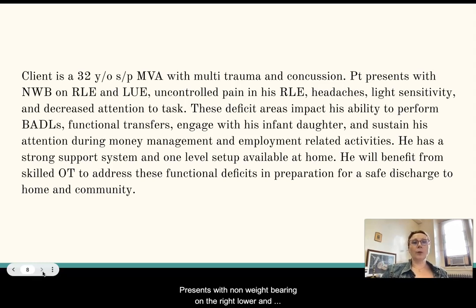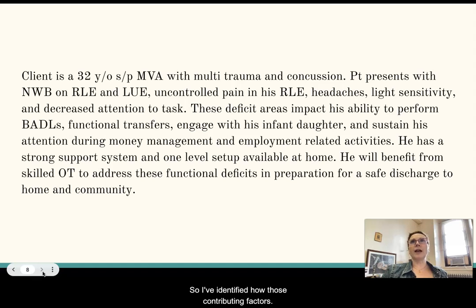Presents with non-weight bearing on the right lower and left upper extremity, uncontrolled pain in his right lower extremity, headaches, light sensitivity, and decreased attention to tasks. So I've outlined what the contributing factors are. These deficit areas impact his ability to perform BADLs, functional transfers, engage with his infant daughter, and sustain his attention during money management and employment-related activities.